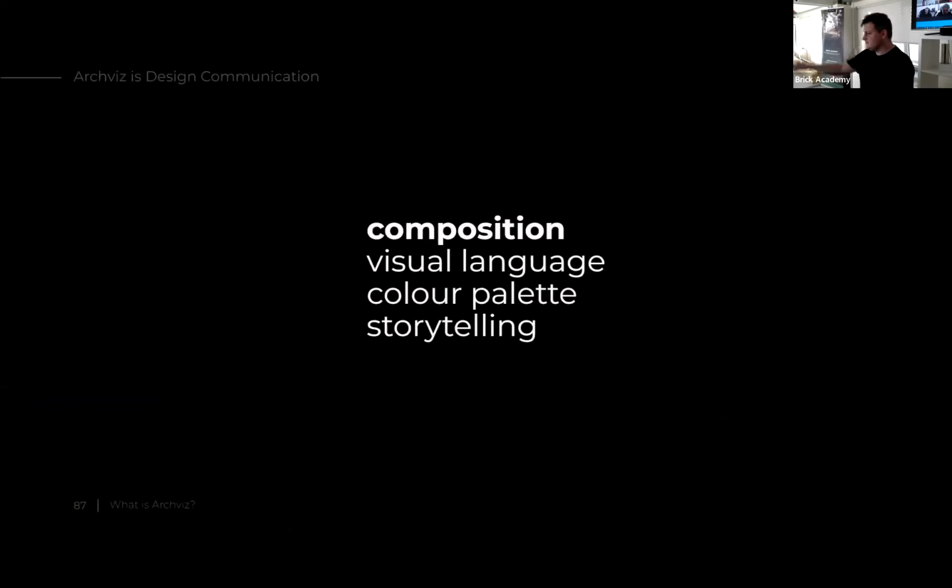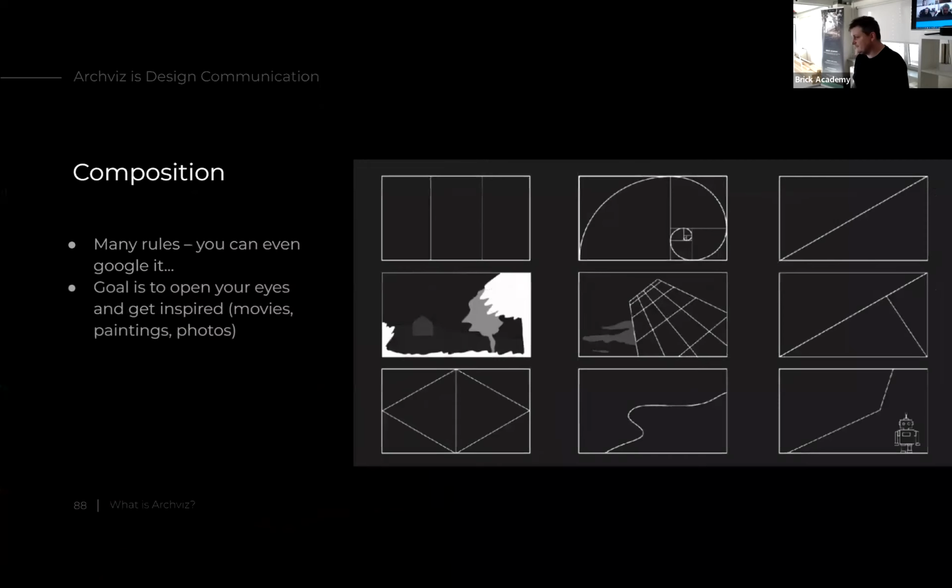Okay, so let's say there are three legs of an image. Composition is the skeleton, obviously. Then visual language, color palette, storytelling. You can say these are the three or four legs of an image. Composition: I won't make a list of the composition rules.